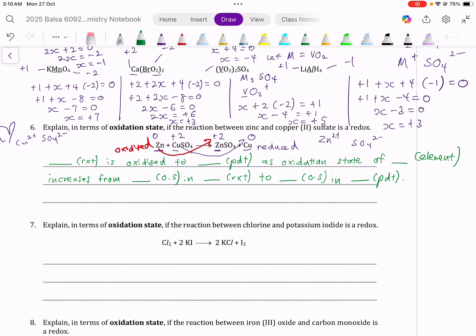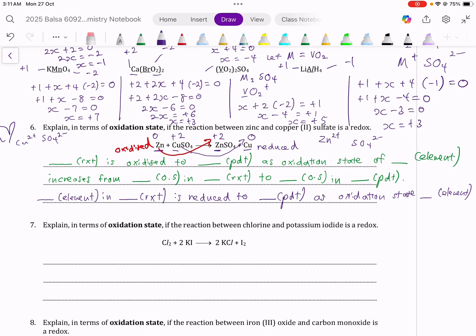Okay, then of course the next one is about the reduced part. So this one you refer to the element because it's CuSO4. Then you put in the reactant CuSO4 is reduced to which product, as oxidation state of which element.